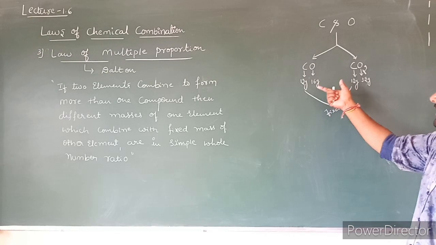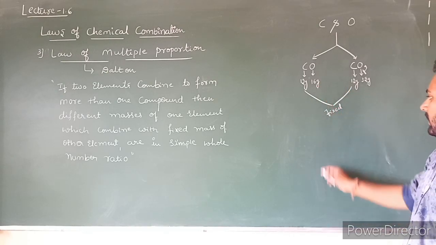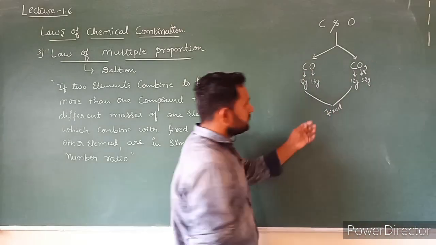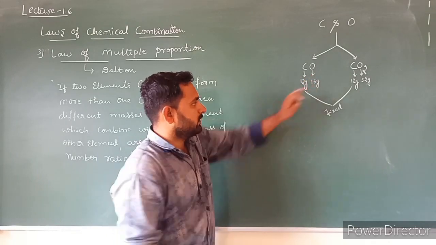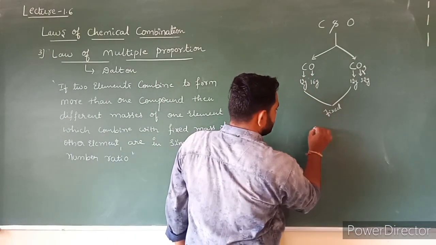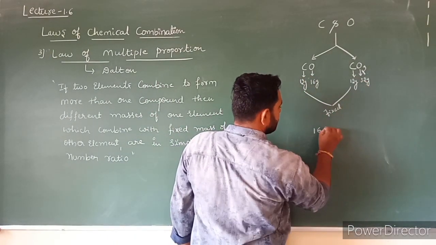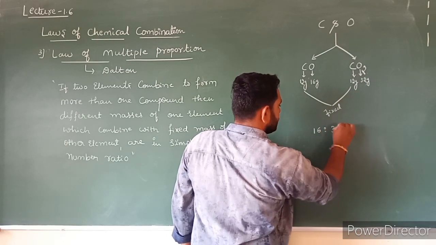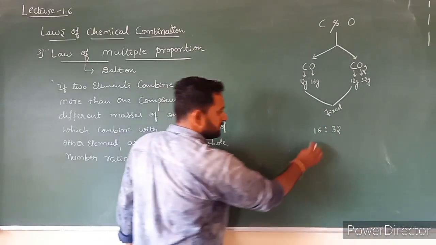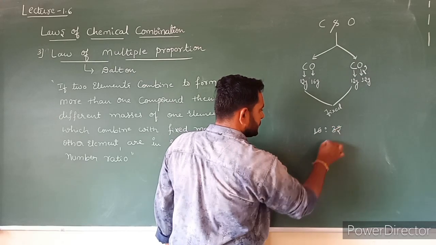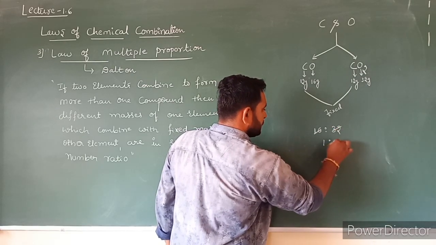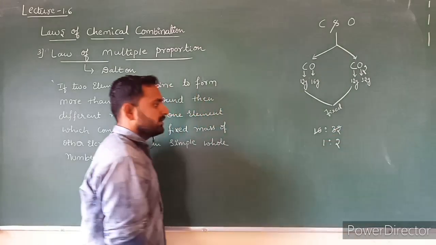Now let us check whether they are in simple ratio or not. Here see, in this compound the atomic mass of oxygen is 16, here 32. Now just simplify this ratio, 16 plus 16 2. The simplest ratio is 1:2.